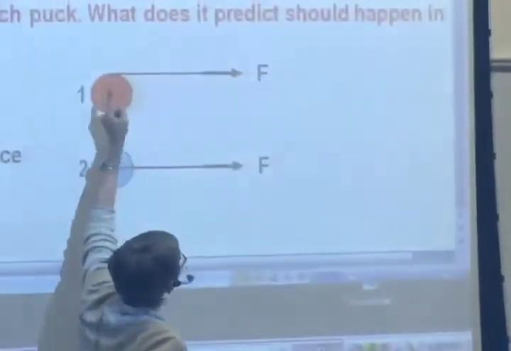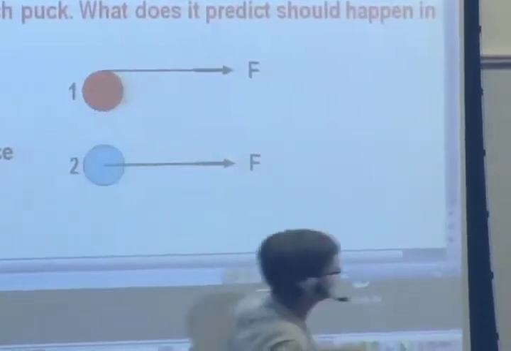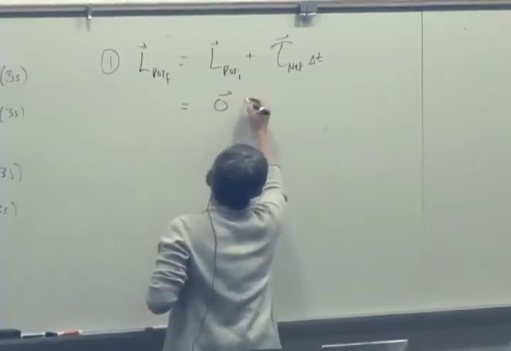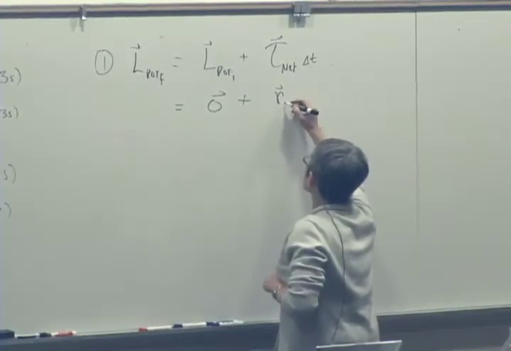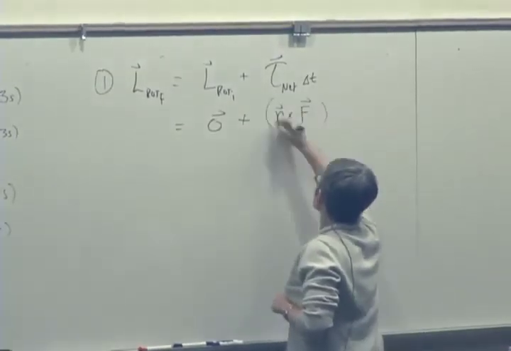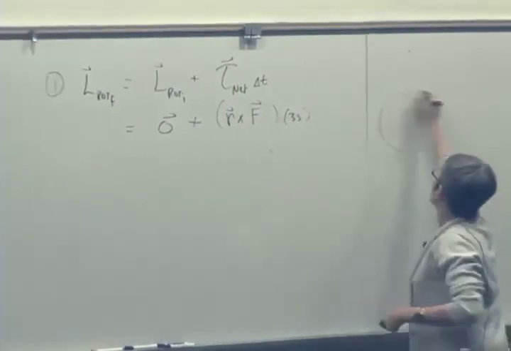So we have this force F. It's not applied at the center, so the net torque is not zero. So it looks like it's going to be 0 plus R cross F times 3 seconds, where R, what's R?